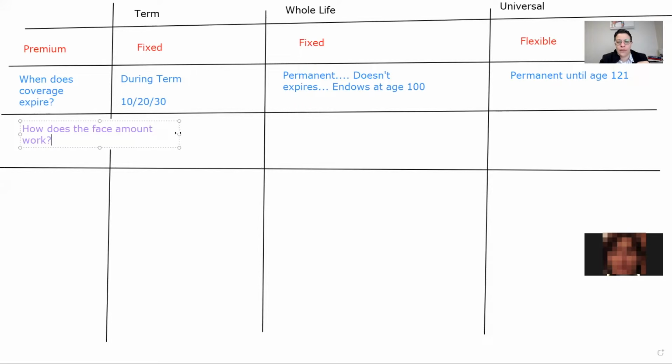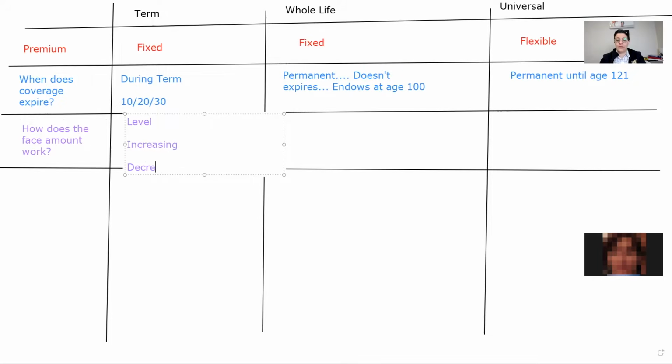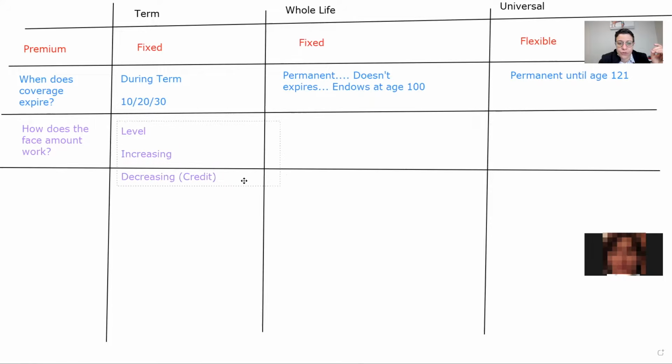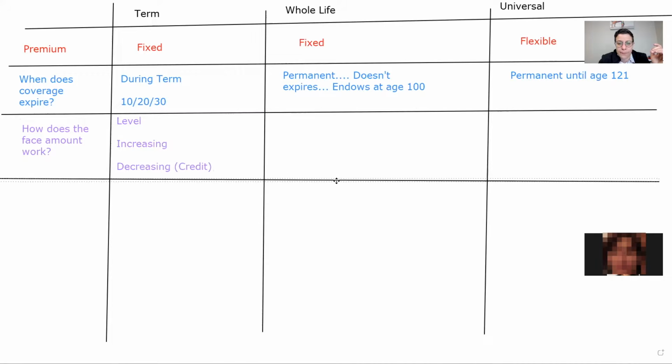And so in the term policy, there's 3 types of face amount: level, increasing, and decreasing, which we also know as credit. Anytime you see credit, it means the same thing, okay? And I'm going to draw it out for you so that you can remember it.